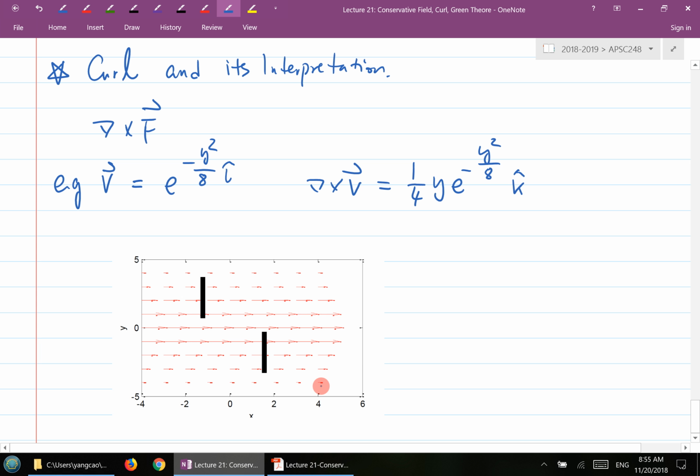Now if I toss a stick into the river, basically tossing a stick into a vector field, what do you think these two sticks will do? They spin, yeah. For the top stick, what direction do you think it's going to spin? Counterclockwise. And for the bottom one, clockwise, right?